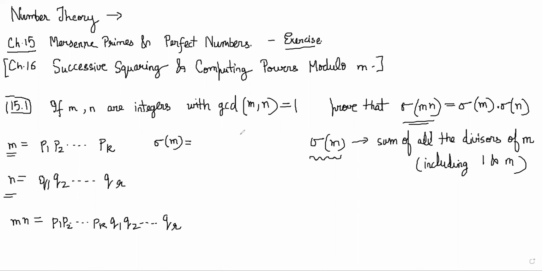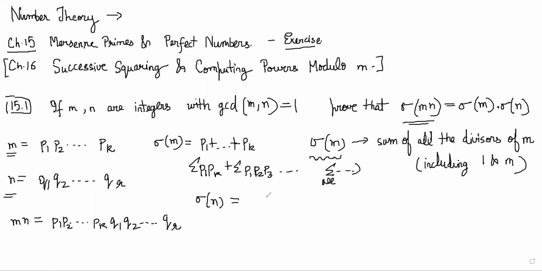You have to basically write p1 plus p2 plus so on till pk, and then the product of two at a time, p1 p2, plus the product of three at a time and so on, till you get the product of all at a time, which is the number itself. And sigma of n would be similar terms, the sum of one at a time plus the sum of two at a time and so on.